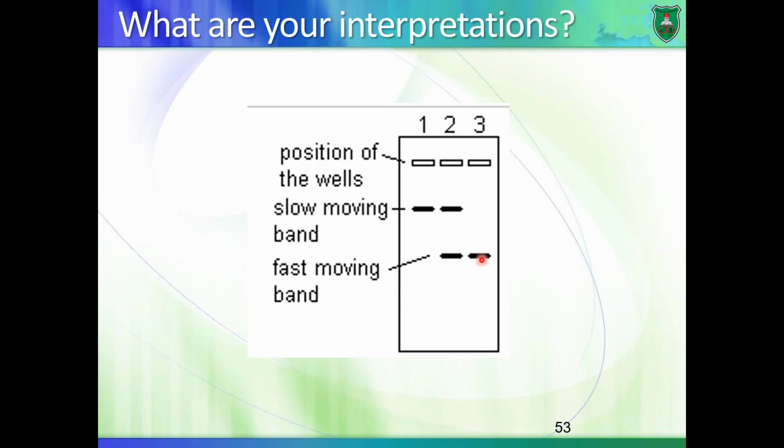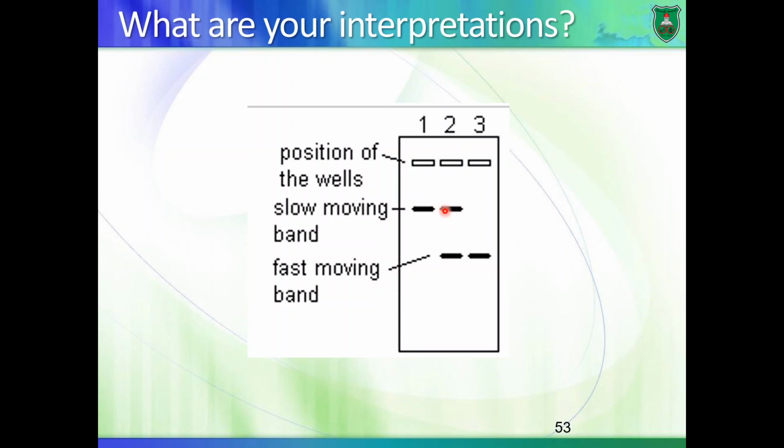Think about the reasons why we have different lengths or different sizes of messenger RNA. One interpretation: you can have a probe that is not specific. So it binds to one messenger RNA in one sample, but it binds to two messenger RNA molecules in two samples.